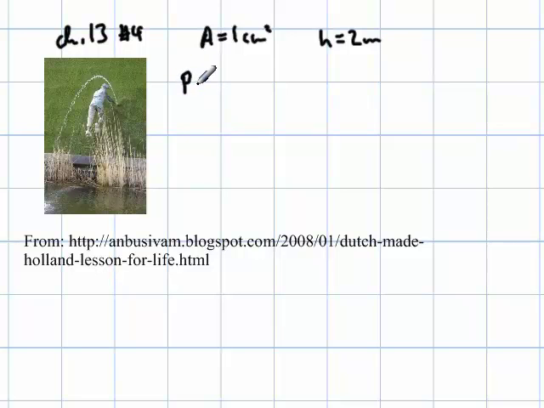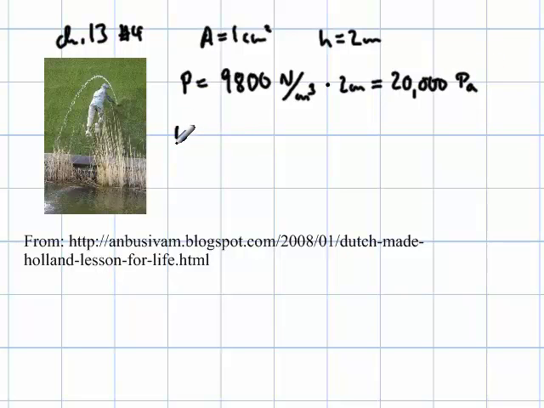Pressure, of course, is weight density times depth. So we have 9,800 newtons per cubic meter as the weight density, and we have a depth of 2 meters. So we come up with 19,600, or rounded 20,000 pascals.